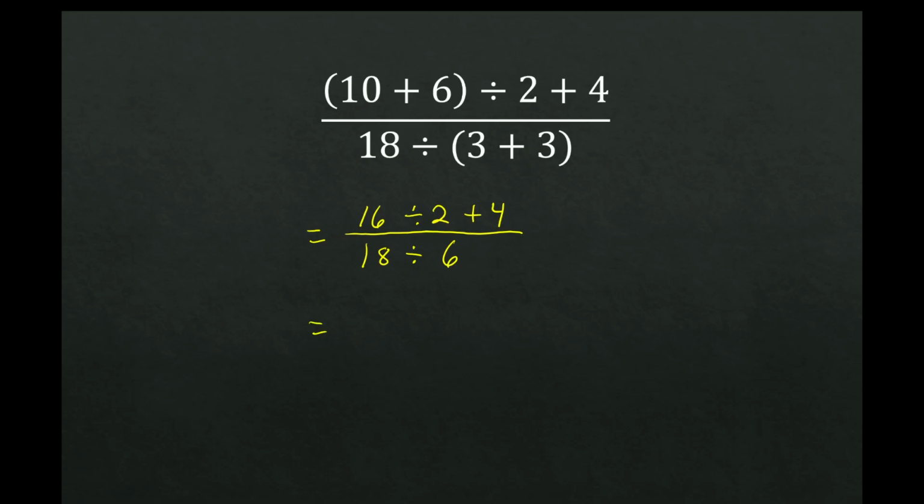And so now we do the division first on both parts. 16 divided by 2 will give us an 8. And on the bottom, 18 divided by 6 will give us 3. And so we'll get 12 divided by 3, which will be 4. So that would be the answer to that one.